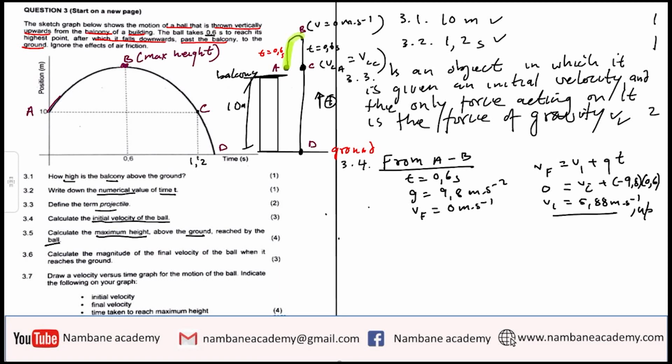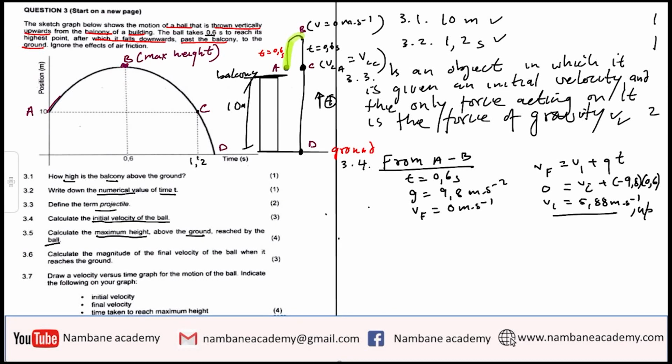So what is this question basically saying? The question is saying I need to get what is the height above the balcony.